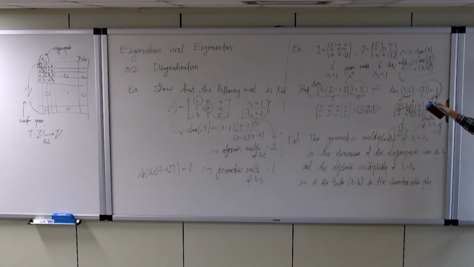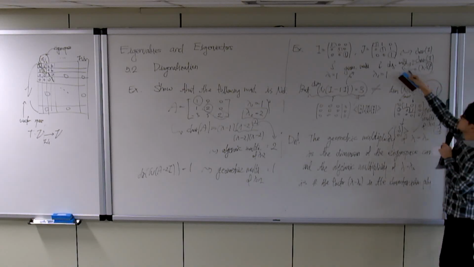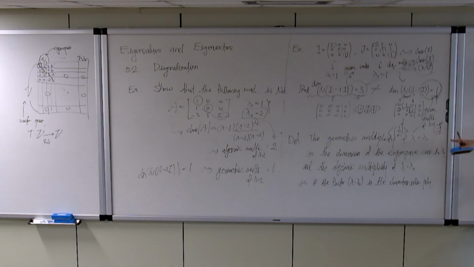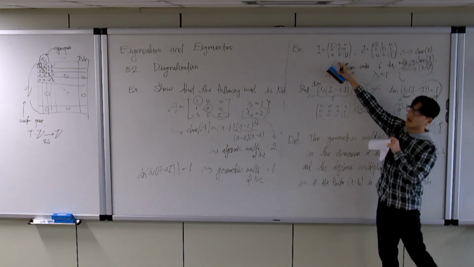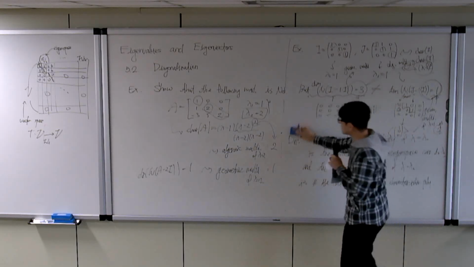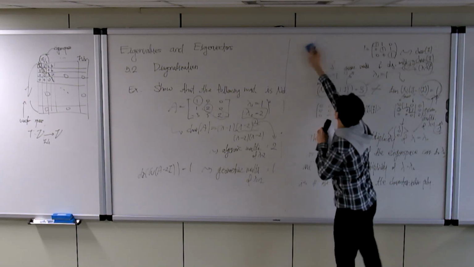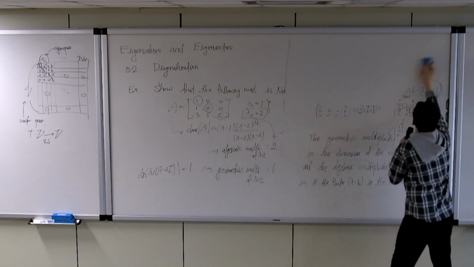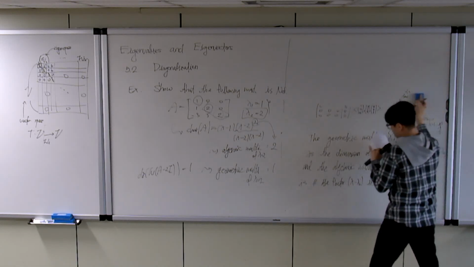Because the geometric multiplicity is given from the homogeneous equation from here, 1 minus 3 0 0 0 0 5 2. By calculating the null space from here, you will get the geometric multiplicity.